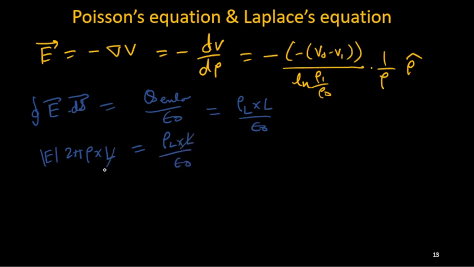This L cancels out. So the electric field magnitude is rho L upon 2 pi rho epsilon naught.